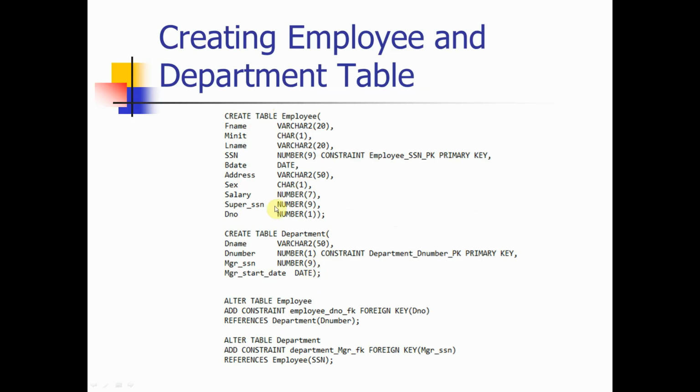We will create a table first, and then create another table, and then we alter the table employee by adding the foreign key, and then add another foreign key to the department so that its manager social security number will reference employee's social security number. So that is how we will be able to create the foreign keys after the tables are created.